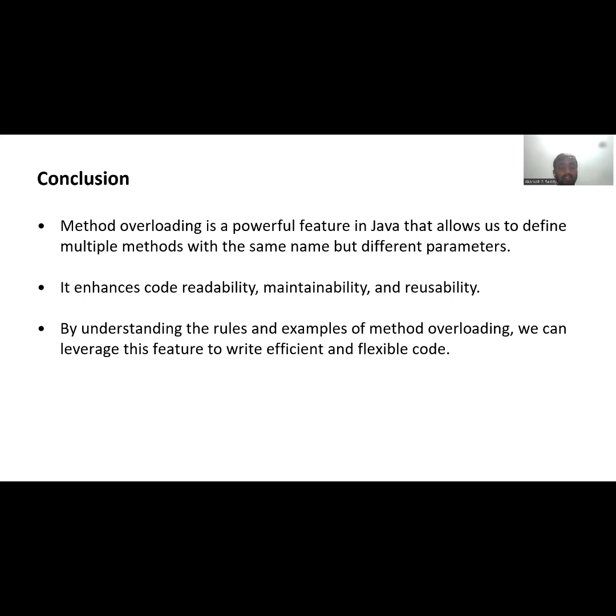It makes sure that the code can be easily read and maintained and it can be reused wherever you want. Method overloading is also used in places where you have to create methods with the same name in the same class with different parameters. And by understanding the rules and examples of method overloading, we can leverage this feature to write efficient and flexible code.